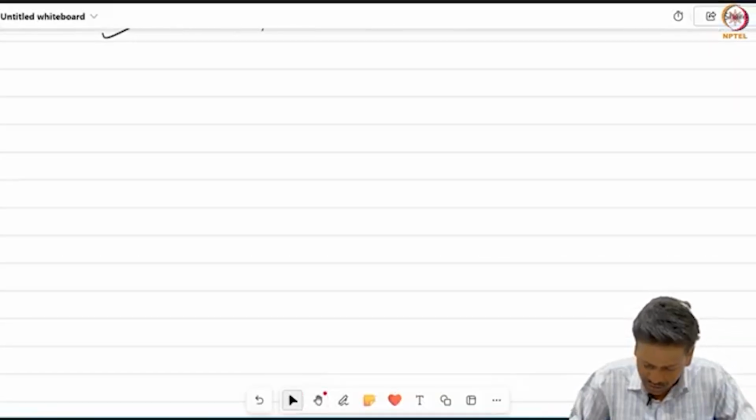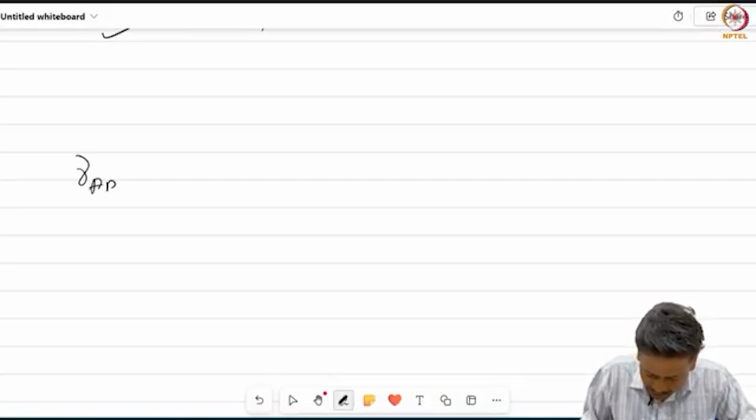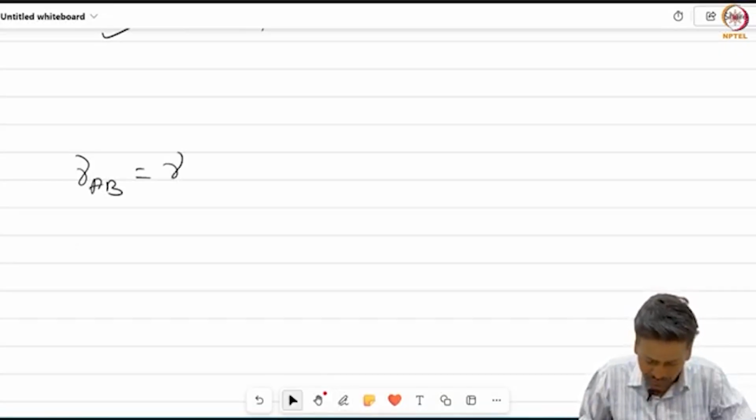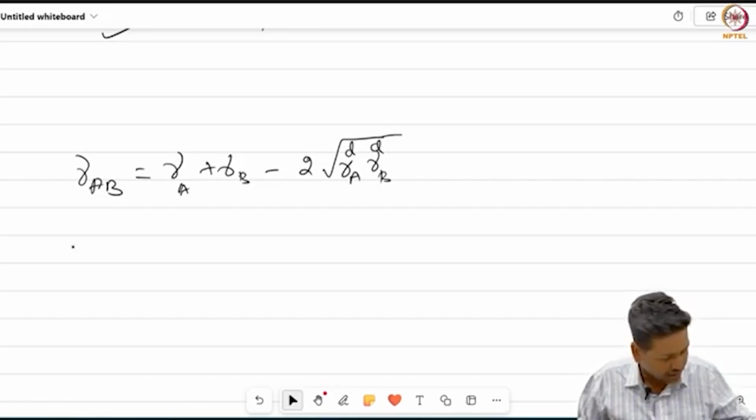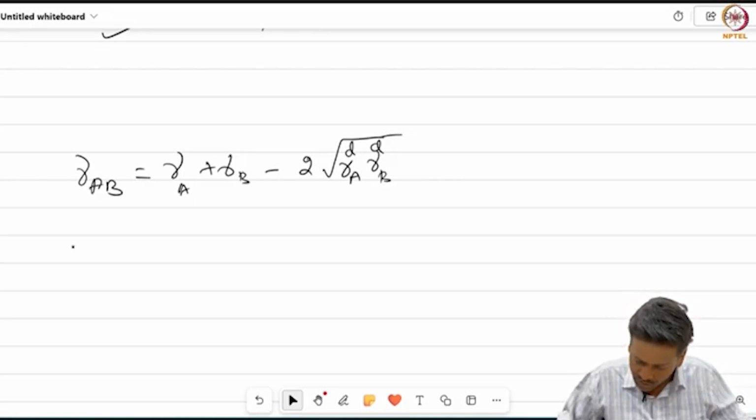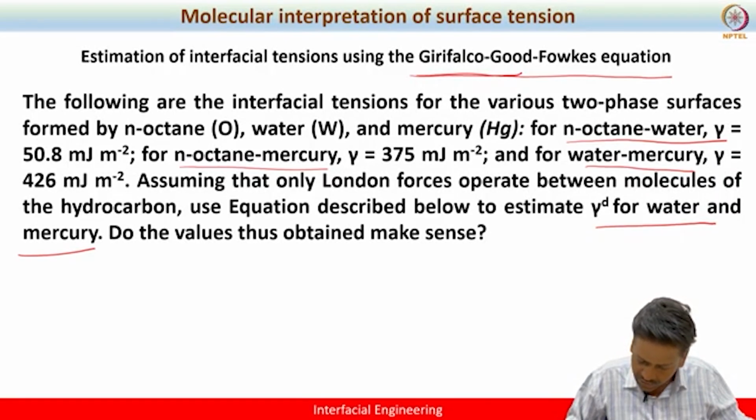Now we know the equation: gamma AB is gamma A plus gamma B minus 2 root over gamma A D and gamma B D. Let's take the octane-mercury problem and solve for gamma D for mercury.